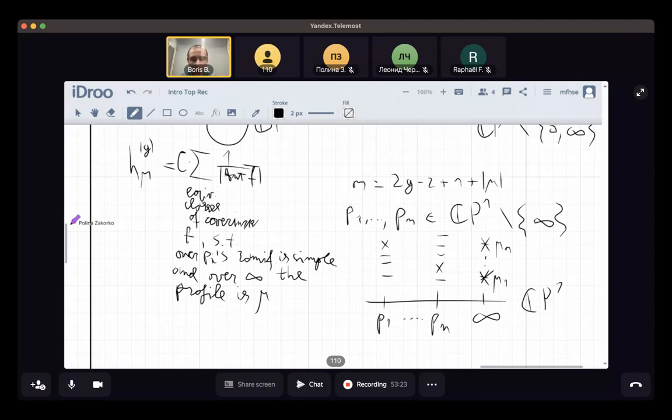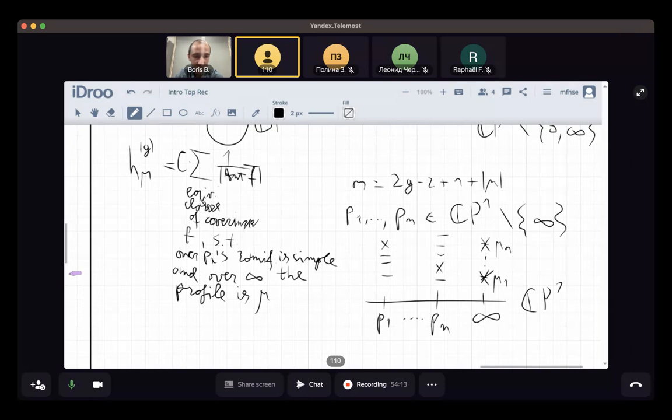You may think about it as it acts, I forgot the English word, it acts fiber-wise on the covering, and so the automorphism of F just renumerates the... I forgot, you mean the sheets of the covering?